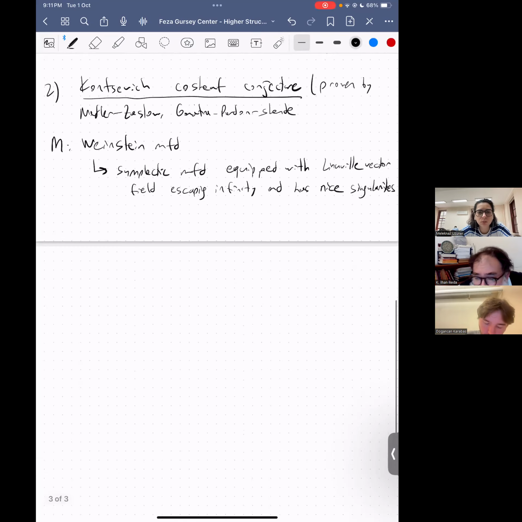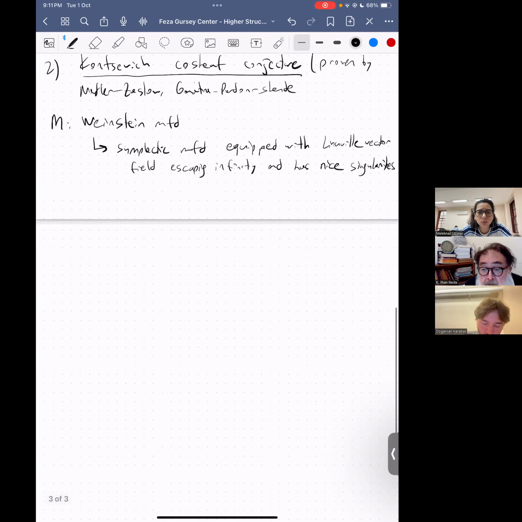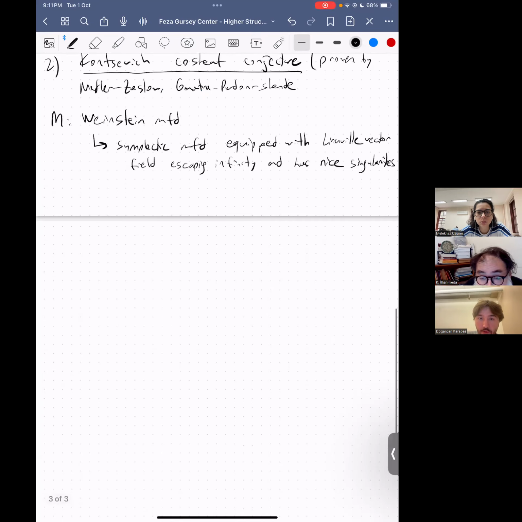Okay, Weinstein manifolds. I'll just give definitions vaguely because I don't want to spend too much time, but let me give you an example and tell you what this conjecture is. The example is cotangent bundles.